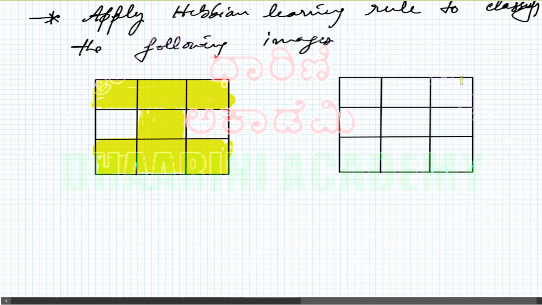Similarly, the second image looks very similar, but there is a small difference in the pixels or regions where they have done the coloring. They have colored only this region.